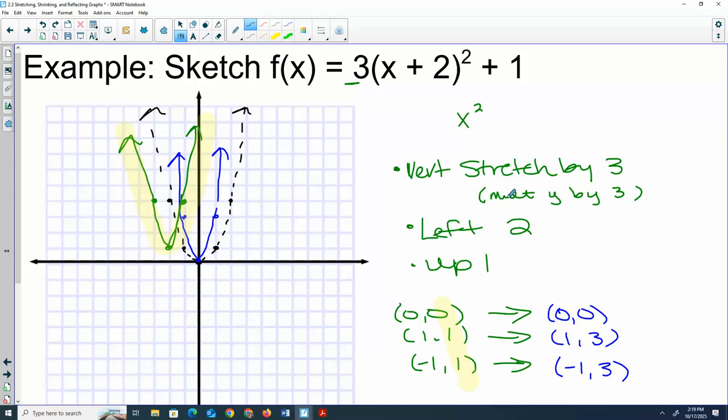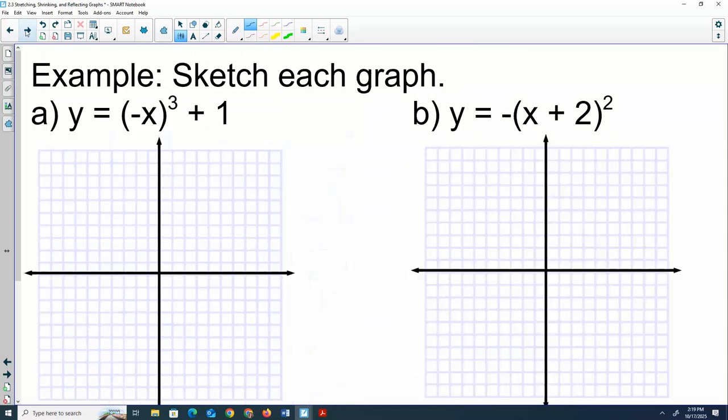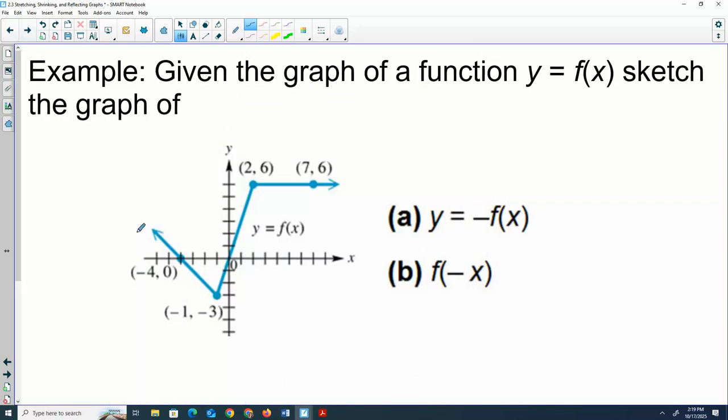Let's look at, let's skip that one. I'm going to go to this one right now. So, I didn't give you the equation, I just gave you a graph. If I tell you to graph y equals negative f of x, what does a negative in front do? Over which axis? X. It's like taking all the ordered pairs and changing the y values.